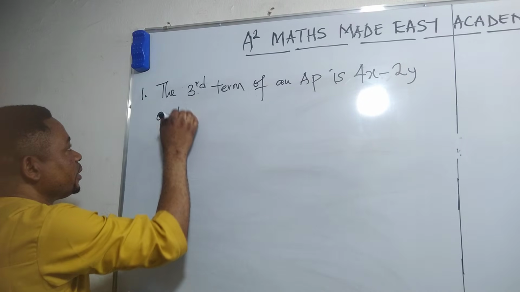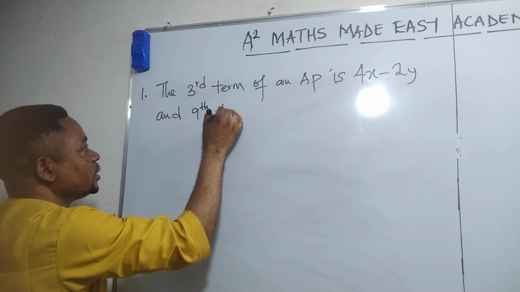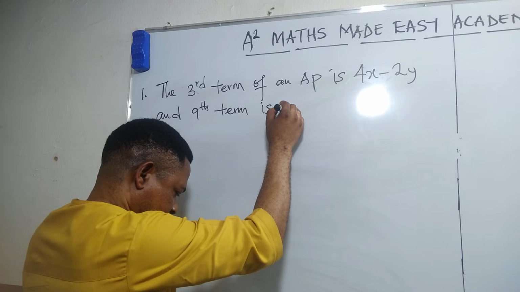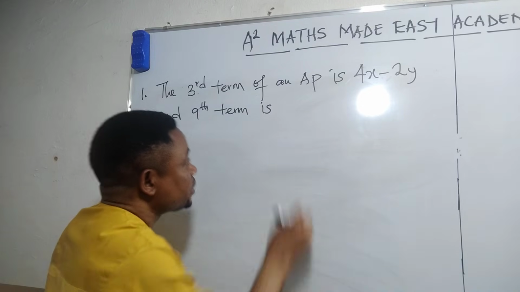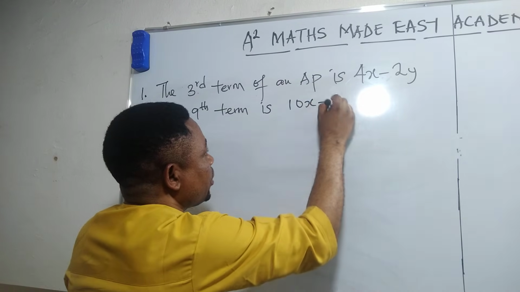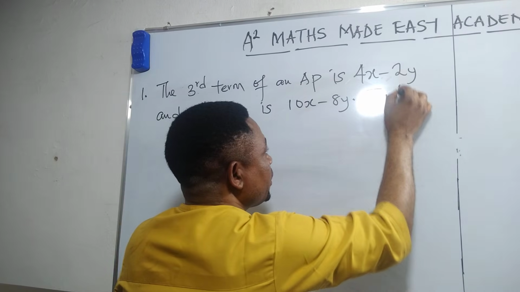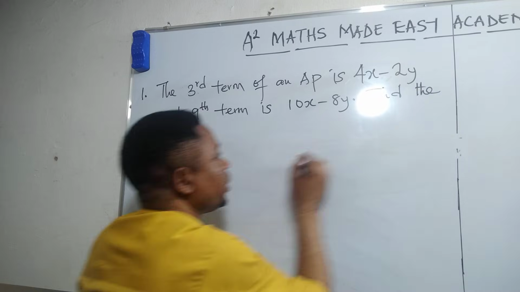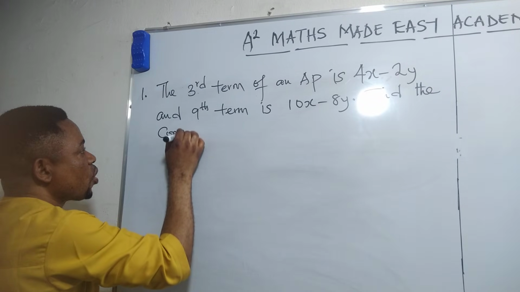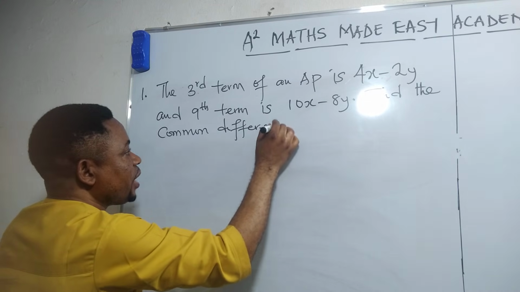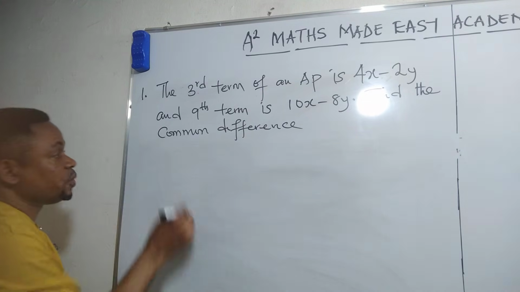And the ninth term is 10x minus 8y. Are you there? Now the question is, find the common difference. The question says we should find the common difference that exists between these terms.